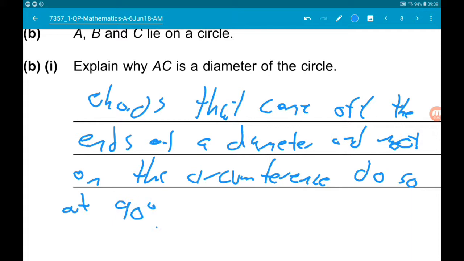So because AB and BC meet at 90 degrees and they both come off the ends of AC, AC is a diameter.